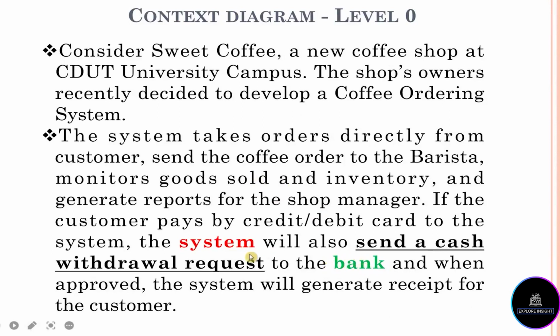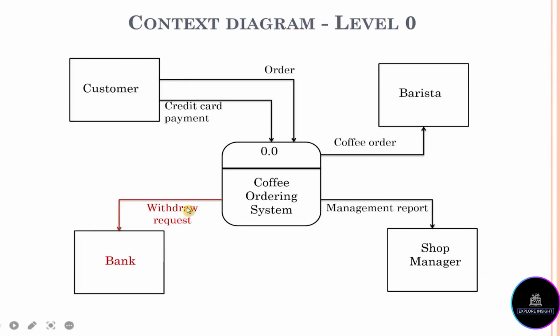Now let's take note of the data flow information. It says sends a cash withdrawal request. Let's come up with what we have. We're going to have this withdrawal request to the bank. So you can see we created a new entity and named it bank.